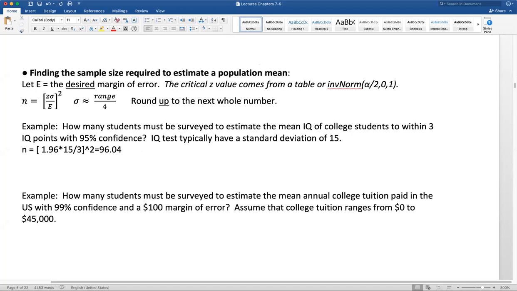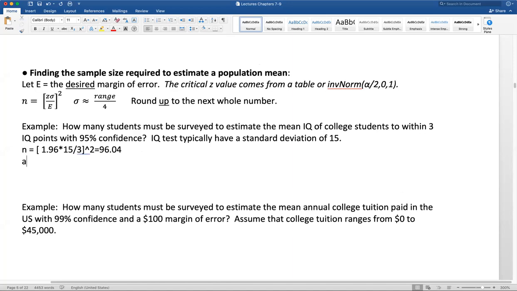And then we round up to a whole number, so it's going to be 97. So the answer is 97. We need to survey 97 students to estimate the mean IQ within 3 IQ points with 95% confidence.